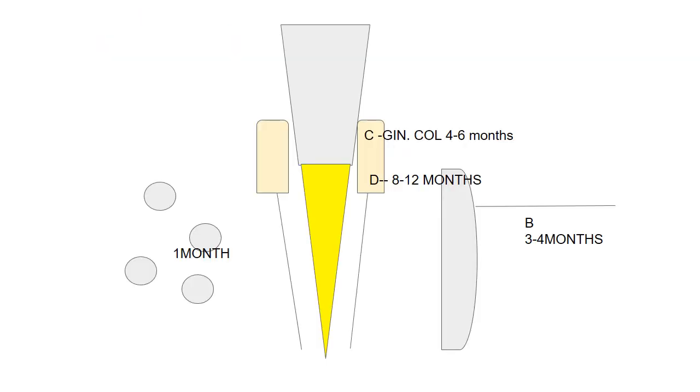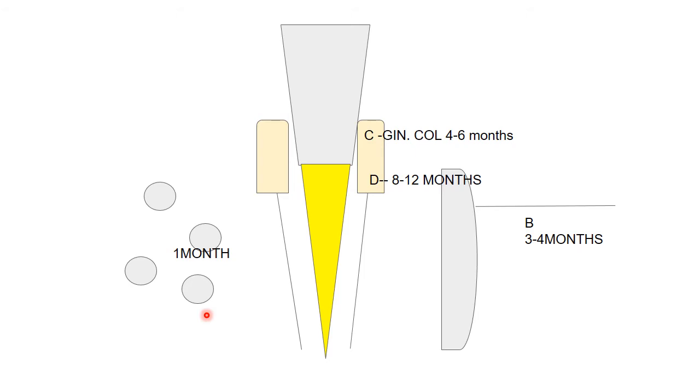This is a repeat slide from our earlier class on retention and relapse. You remember when we discussed this slide, we discussed why the minimum retention period for any orthodontic treatment is 8 to 12 months. That is, at least 1 year of retention is required.